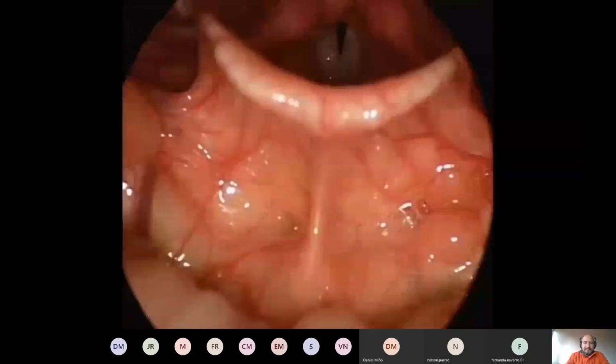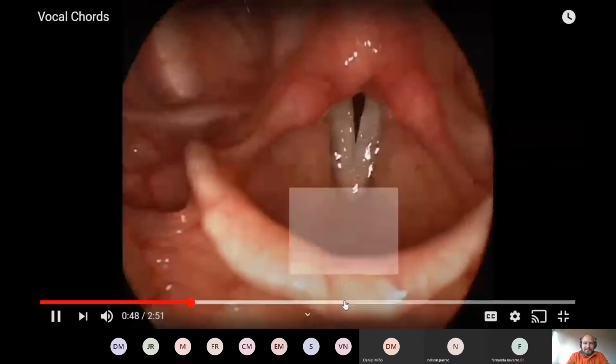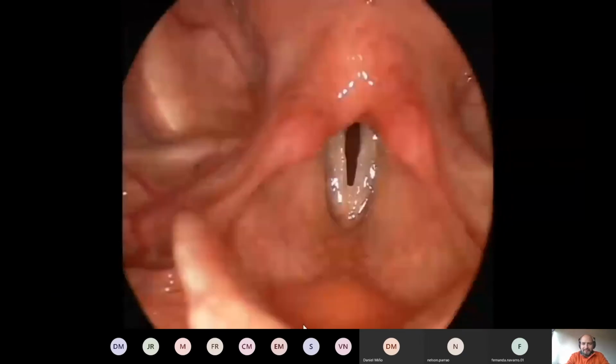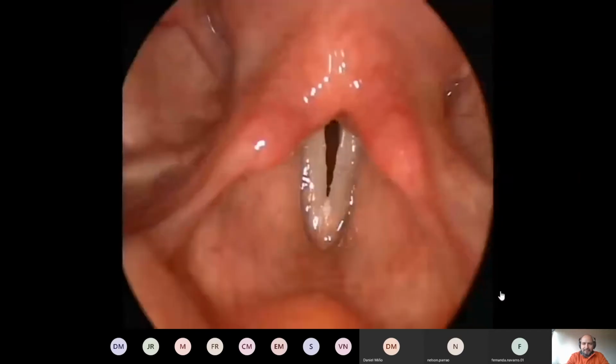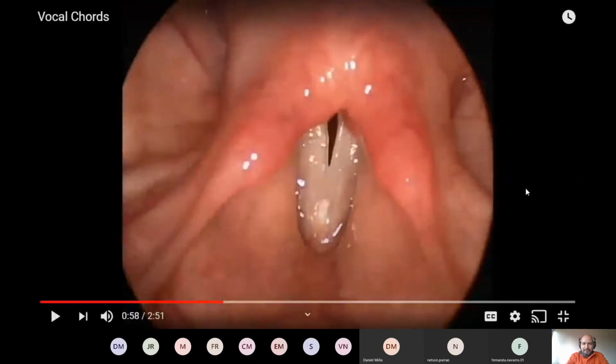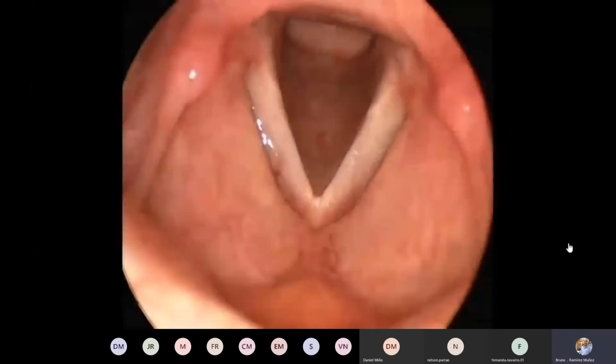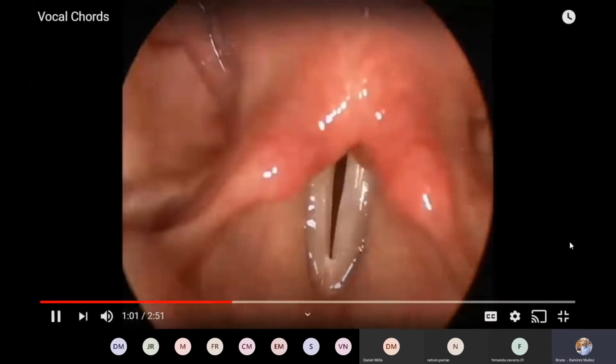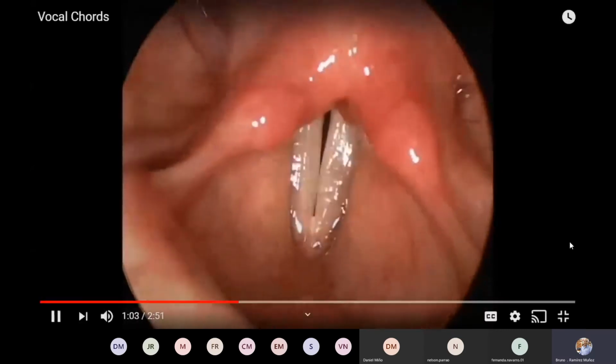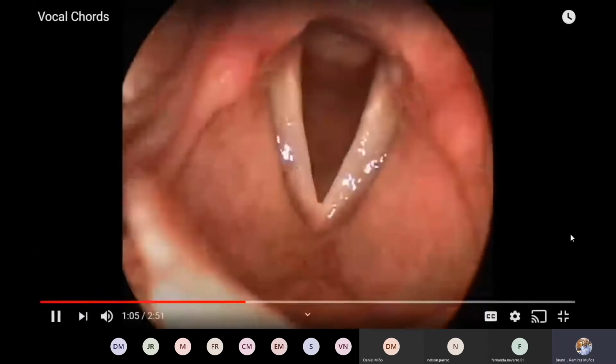Good. Now a little higher pitch. Good. A little higher. Okay. Do that same pitch soft.